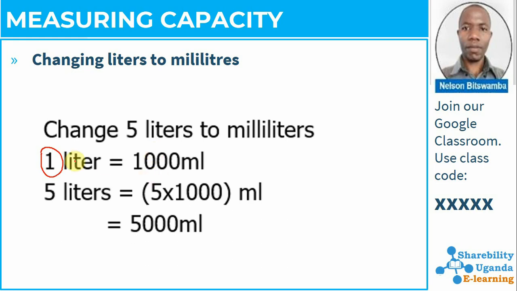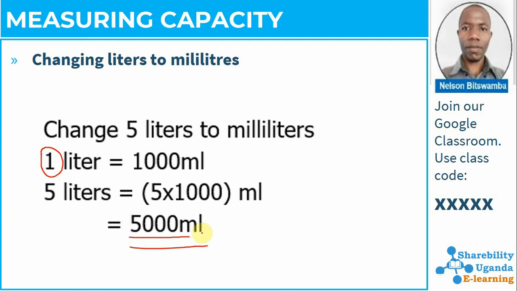So if you are to change 5 liters to milliliters, we are going to increase the milliliters and reduce the liters. So our 5 liters will be the same as 5 times 1,000 milliliters. So we shall come up with 5,000 milliliters.